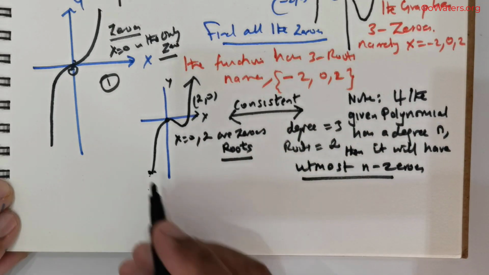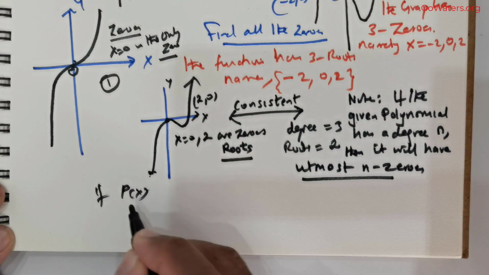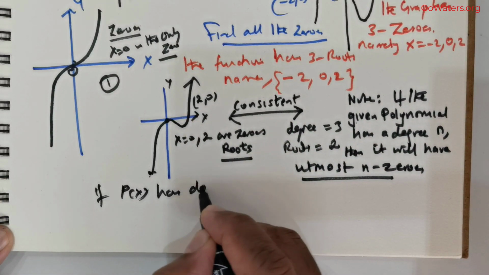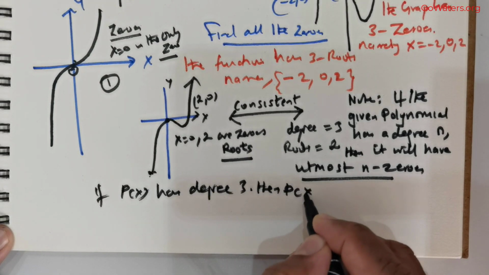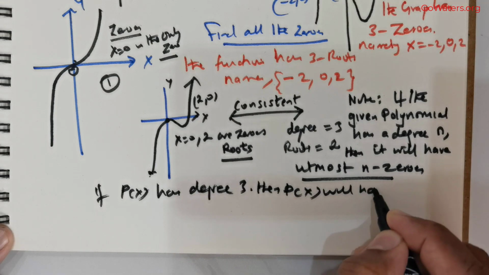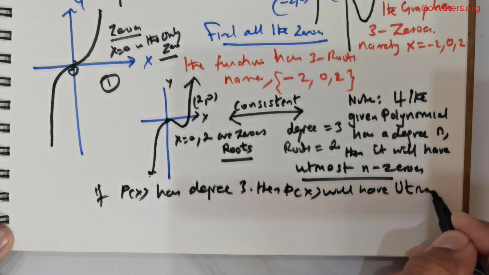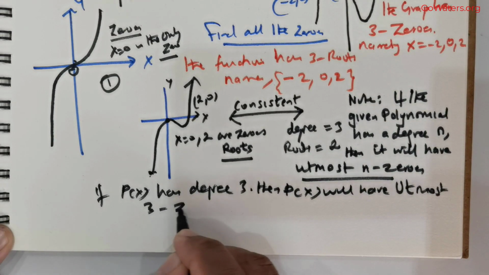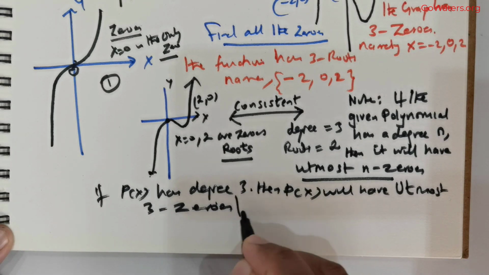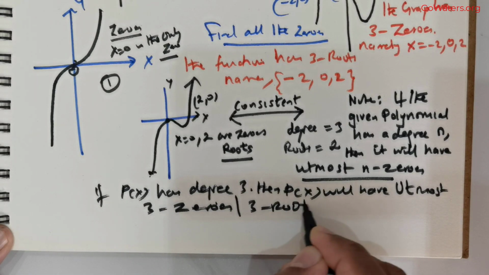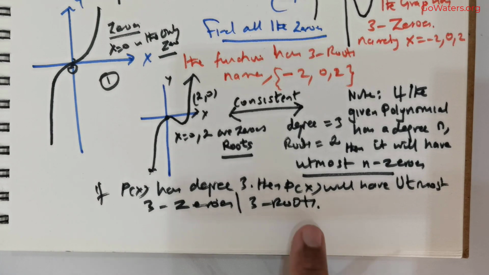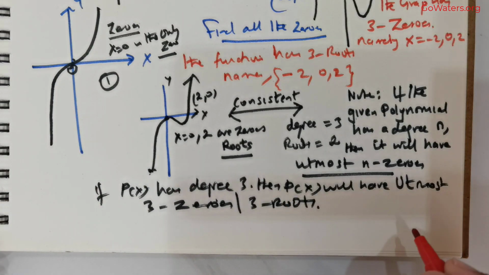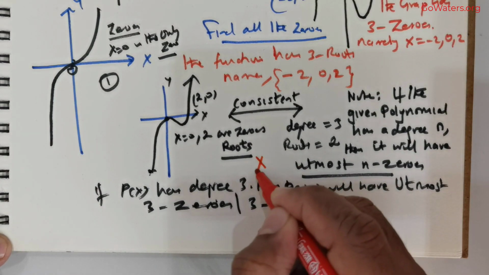Say for example, if p of x has degree 3, then p of x will have at most 3 zeros. You can either use the word zeros or at most 3 roots. It will never go beyond this. You follow me? This is all important.